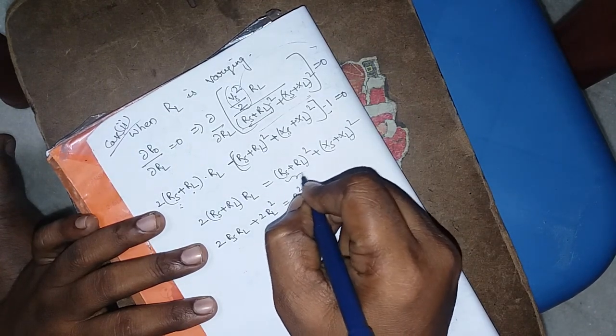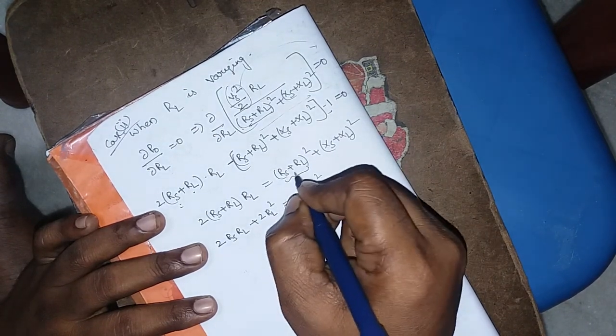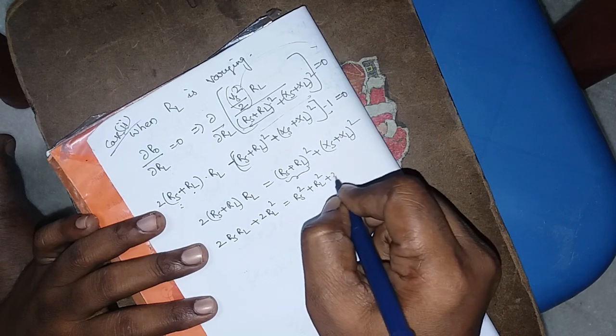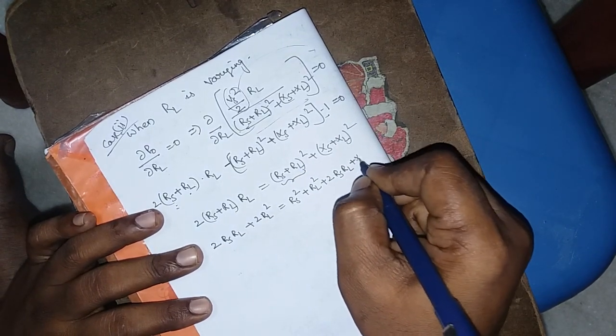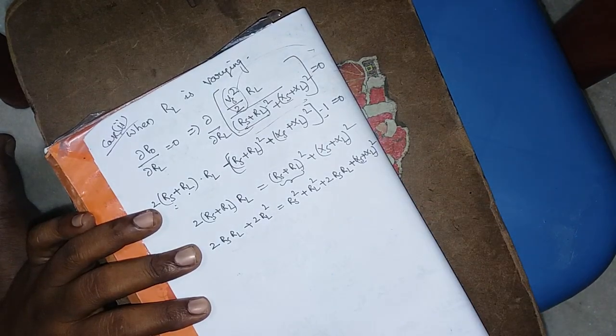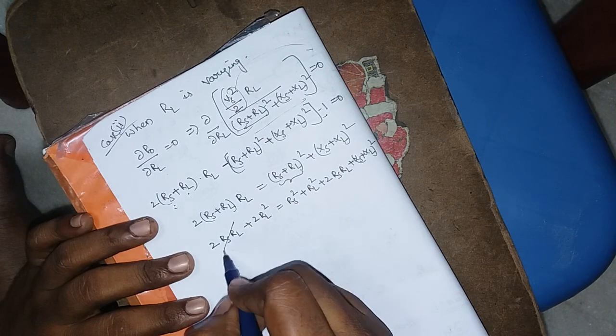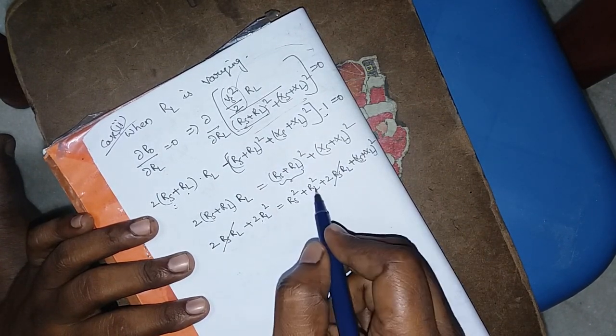That means I am expanding this one plus RL square, that is A plus B whole square, plus 2 Rs RL plus XS plus XL whole square. Let it be this as it is. Then 2 Rs RL, 2 Rs RL and 2 RL square RL square.